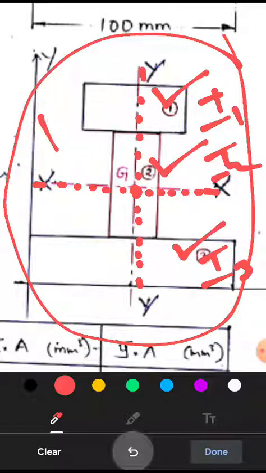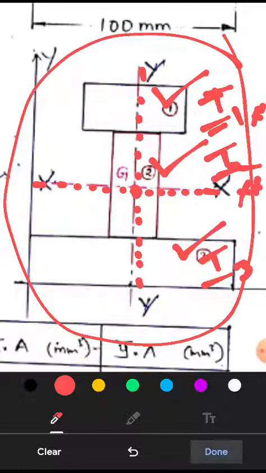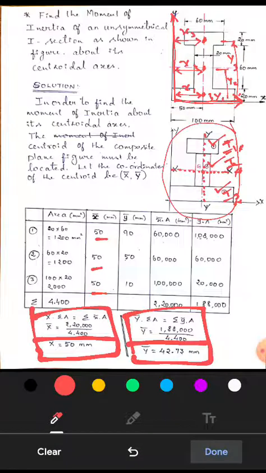So the reference axis is very important. The moment of inertia of the first area with respect to the xx axis, the second area with respect to the xx axis, and the third area with respect to the xx axis: if we find the summation of all three quantities, it will give you the moment of inertia of the whole plane area. To do that, we have to use the parallel axis theorem.